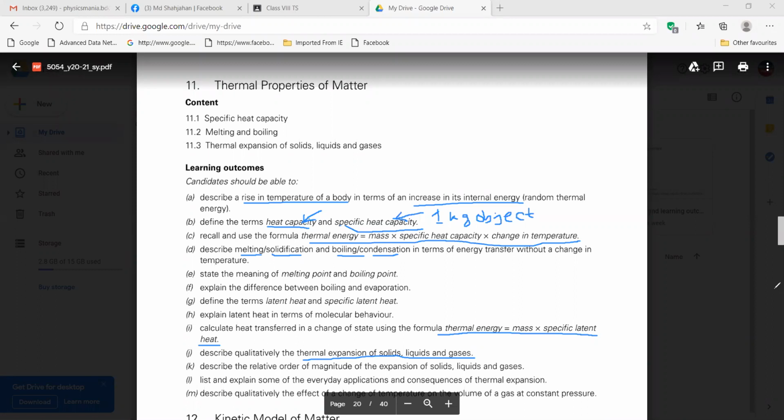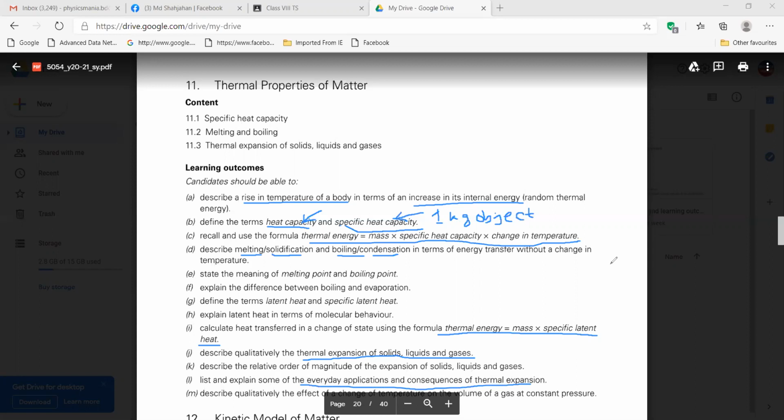Then we gave the example of a hot air balloon, and how the balloon rises with the change of density, due to the thermal expansion of gases. That one also we discussed, right? These are all everyday examples and applications of thermal expansion.